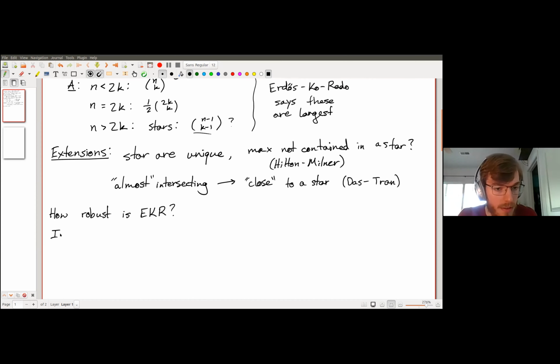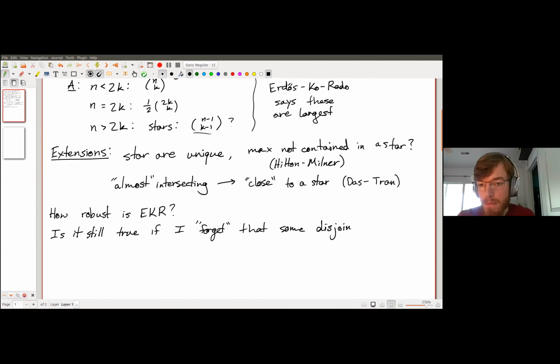In particular, we're going to take this lens: is it still true, it being EKR, if I forget that some disjoint pairs are really disjoint? This might sound a little funny, but I'll introduce another way of looking at things that will make this formal.